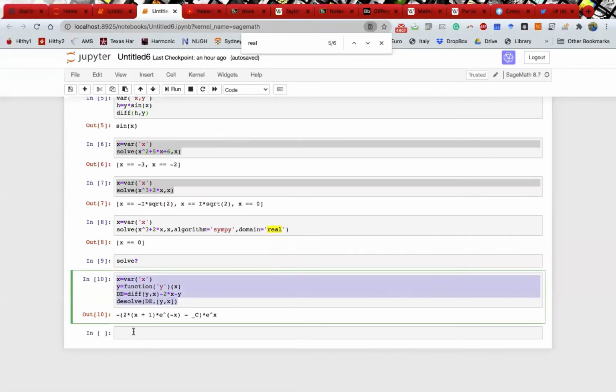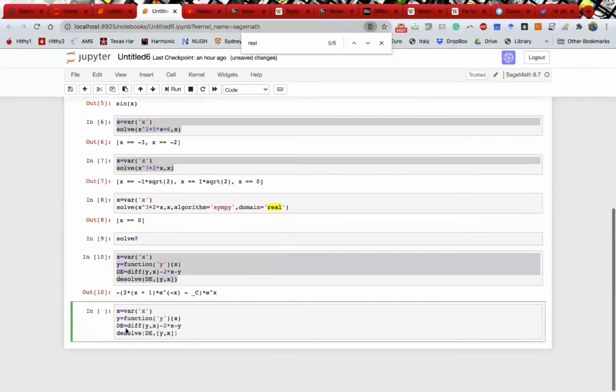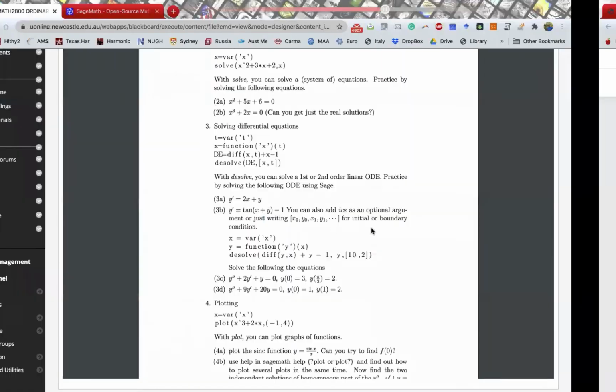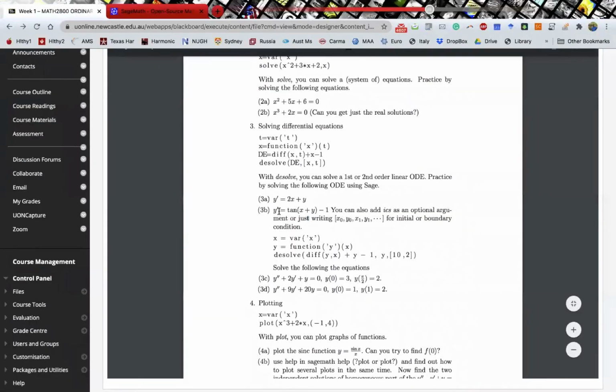So I will do the other question, and this is y prime minus tangent of x plus y. So I will write y prime minus tangent of x plus y plus 1 equals 0.